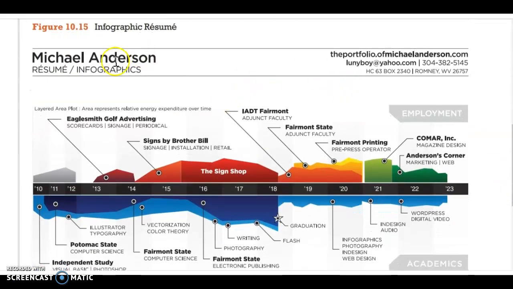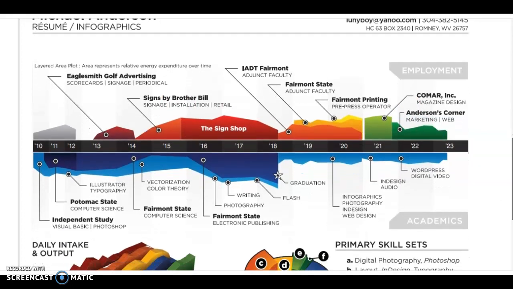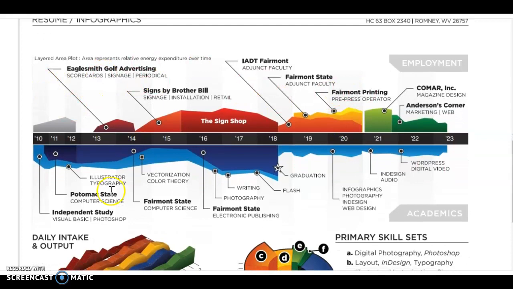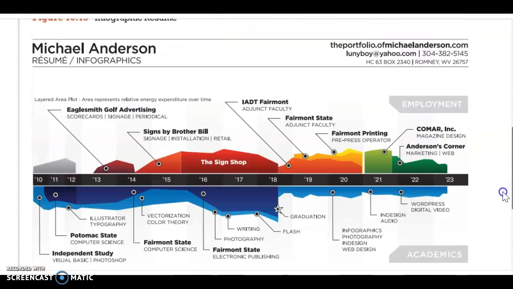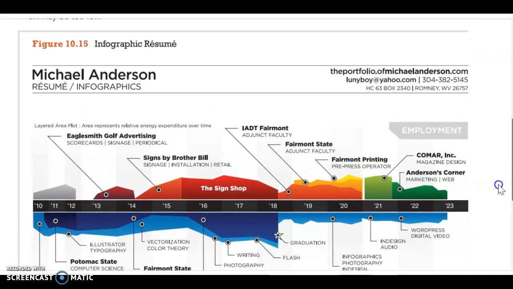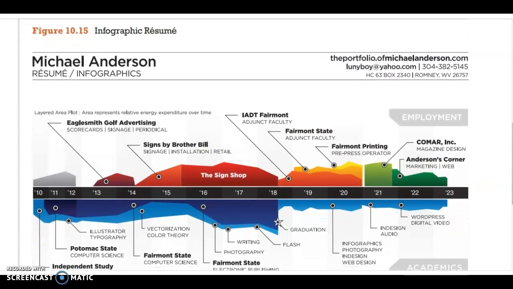It's a resume. So it has the name and the information, and then has a timeline of where this person worked and what they did. So this highlights their work, and down here it looks like their education. And then your skill sets, there's a key down here. And then a daily intake and output. So a very good visual representation.